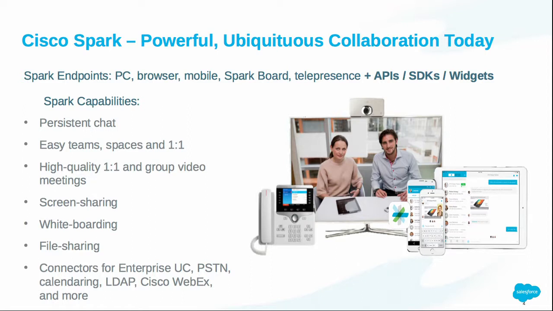So what is Cisco Spark? It is Cisco's cloud collaboration platform. And what that means, if you're familiar with things like Slack and Skype and Facebook for Business, it's persistent chat, right? You have chat rooms, you can chat one-on-one in groups, you can share files, you can escalate into a video call, a group video call, you can share screens. All this stuff across mobile clients from Android, iOS, PC, browser, etc., including the rich Cisco telephony and video features available in the enterprise, like our big telepresence systems that you may have seen on a TV show or our video desk phones.